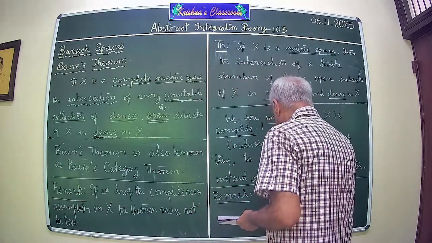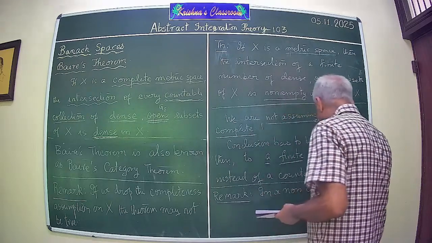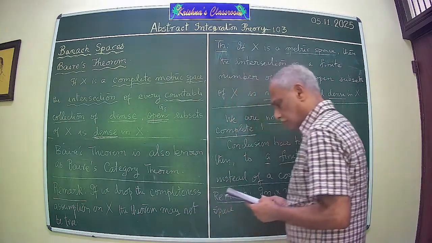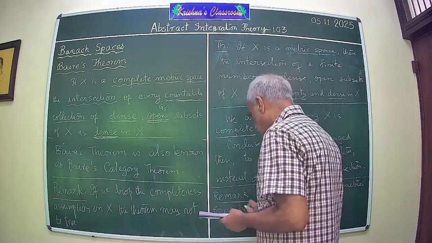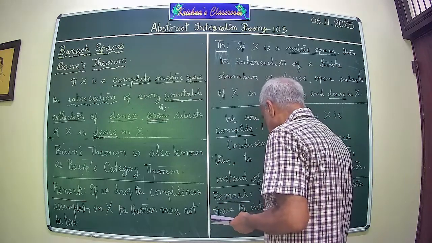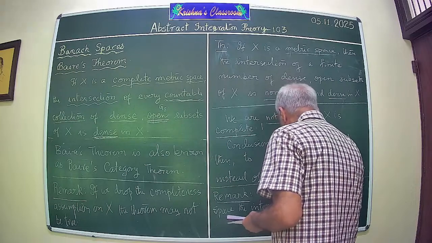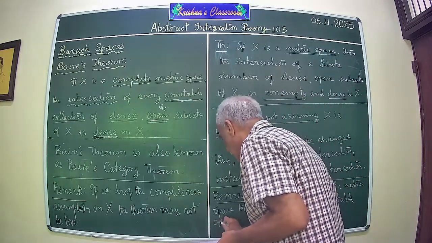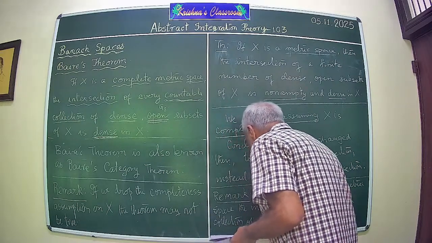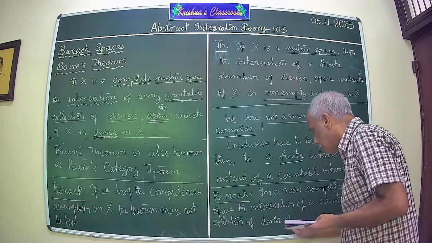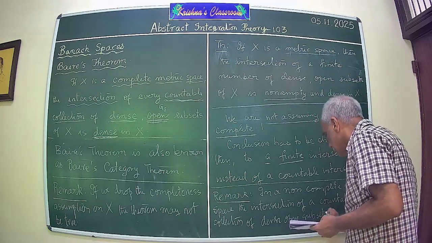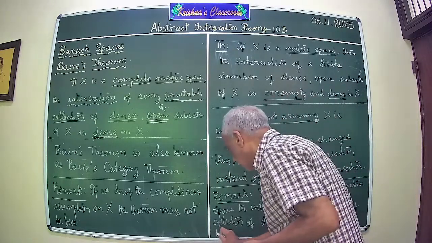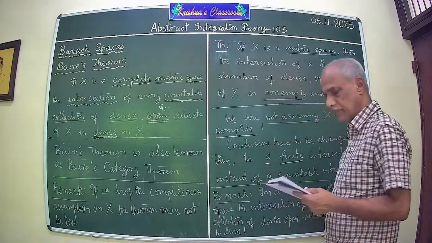In a non-complete metric space, this is what we have proved: the intersection of a countable collection of dense open sets need not be dense. We have already seen the example.